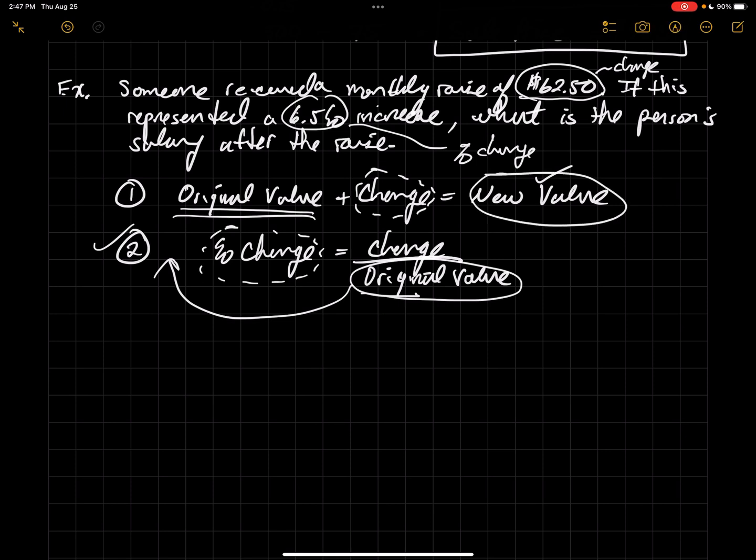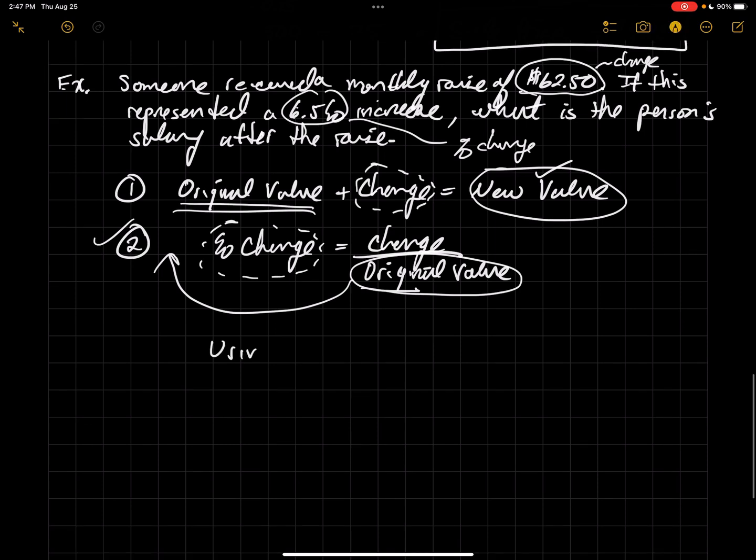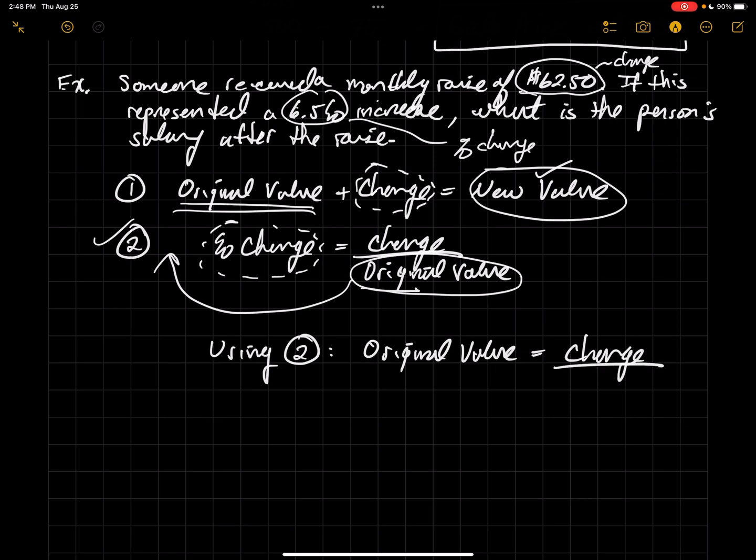Okay? So using equation number 2, I'm just going to go ahead and do the algebra here already. The original value is equal to the change divided by the percent change. And I'm going to substitute this back into 1.